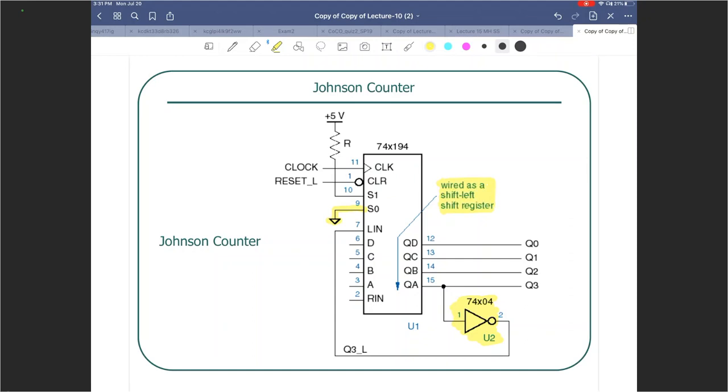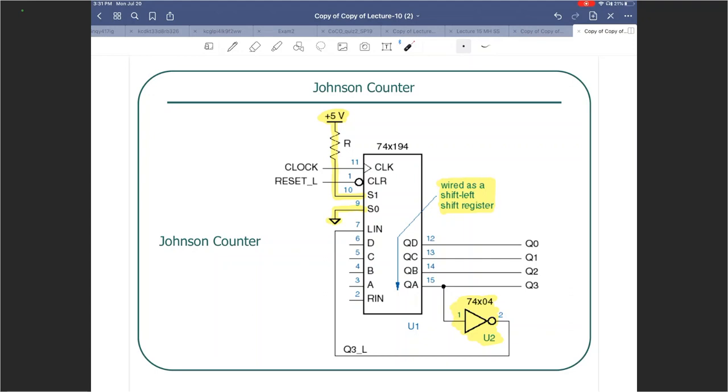But S1 is also connected to +5, so always going to be in the left shift register mode. Clock is connected to the positive edge of the clock, so we can clock things through. Reset underscore is an active low clear input. We can perhaps use this reset to initialize the design. Start off with 0, 0, 0, 0, right?